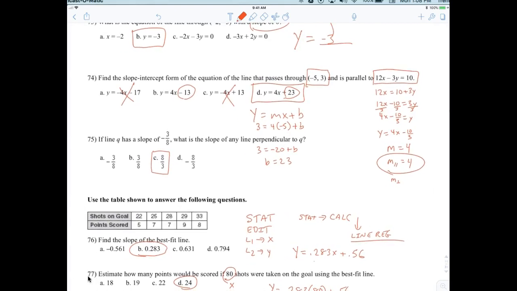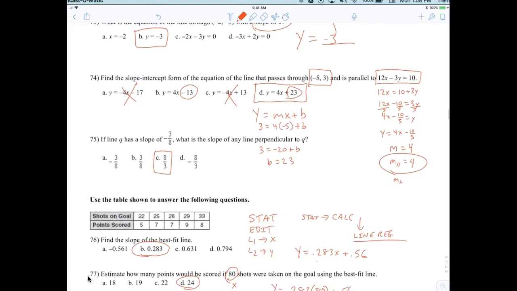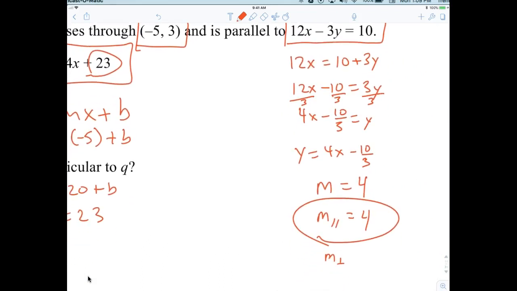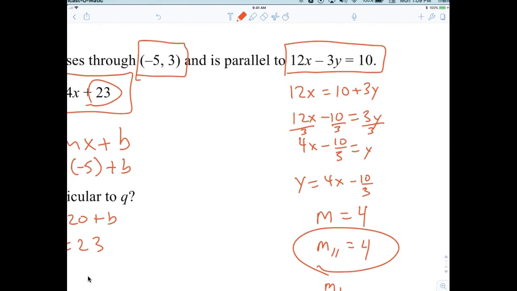If we're going to find something that's parallel, what's true about the slopes? They have the same slope. Perfect. So I need to figure out what the slope of this line is right here. So I have to put it in y equals mx plus b. When I put it in y equals mx plus b, the slope is what?